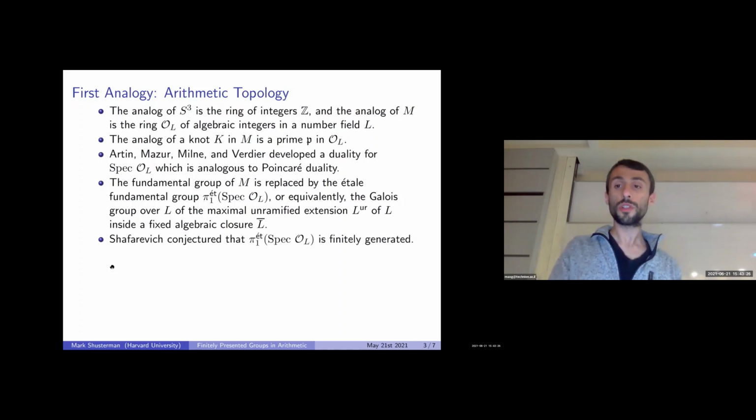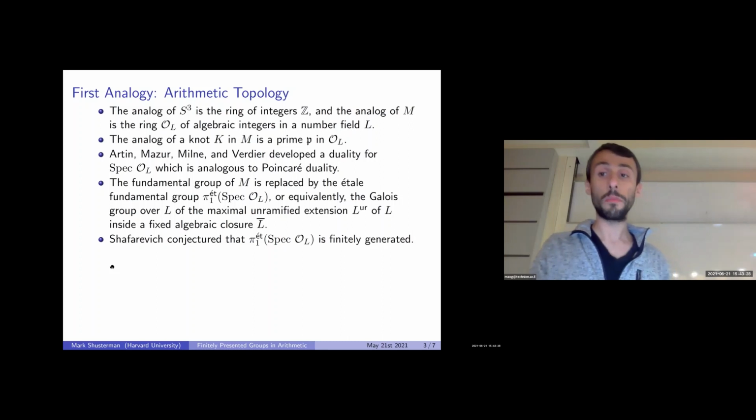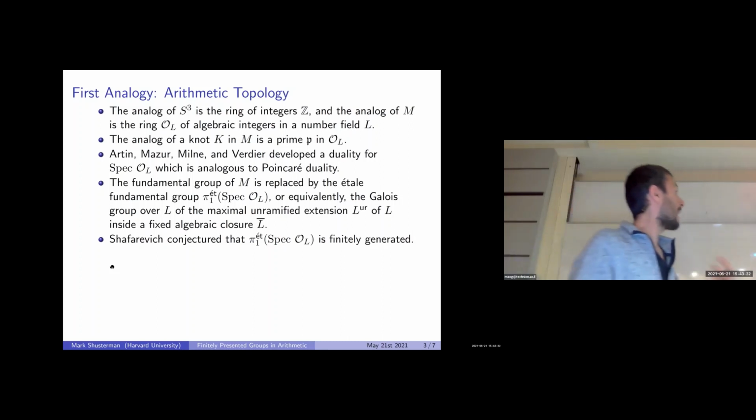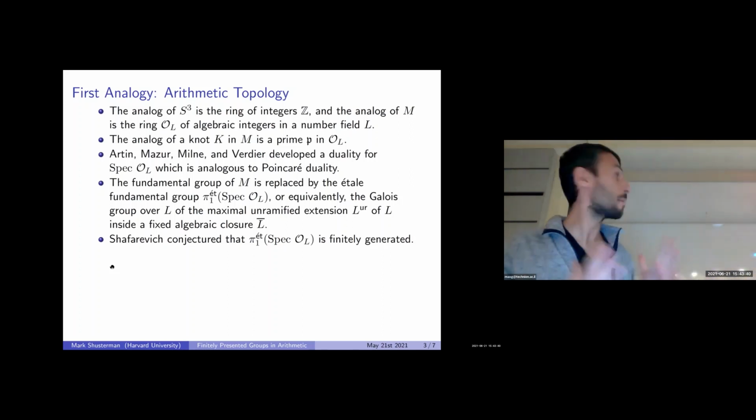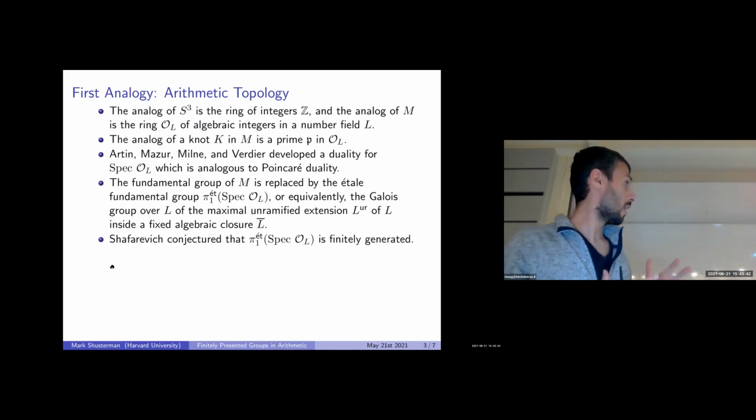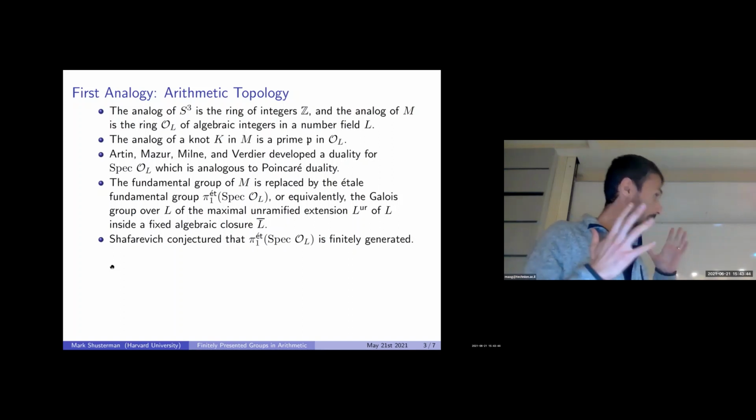That's what the fundamental group is replaced by in this analogy. And so much is known about the fundamental groups of three manifolds, and it is via the lens of fundamental groups that I'm approaching this analogy. So this analogy is certainly very broad and it talks about a lot of things, but I'm specifically interested in this talk, and maybe in my research, in the point of view of the fundamental groups.